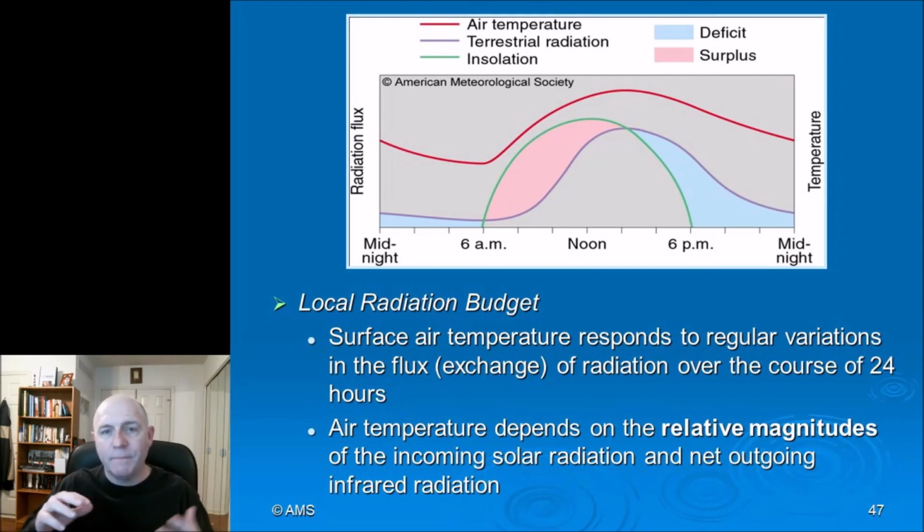So you've got more and more incoming solar, and you've got outgoing Earth or terrestrial radiation. The temperature continues to rise until a little bit after noon, because it's only after noon that those curves cross again. In other words, at noon, 1, 2 o'clock, there is still more energy coming in from the sun than is going out from the Earth.